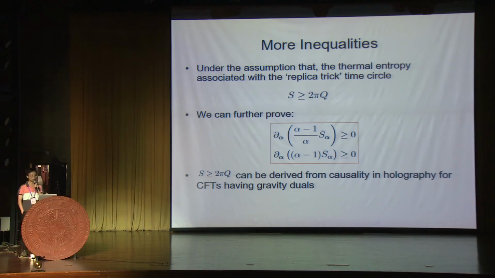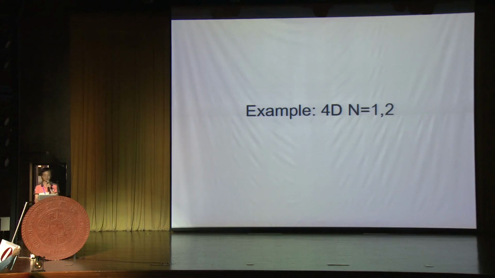If you assume further that the thermal entropy associated with the thermal time direction is bounded below by charge, you can prove two more inequalities, in the red box. This lower bound for the thermal entropy in this supersymmetric system can be derived from the causality condition in holography for CFTs having gravity duals, although we don't have a direct field theory proof of the lower bound yet.